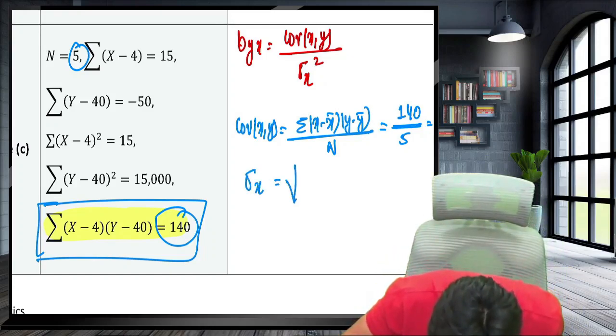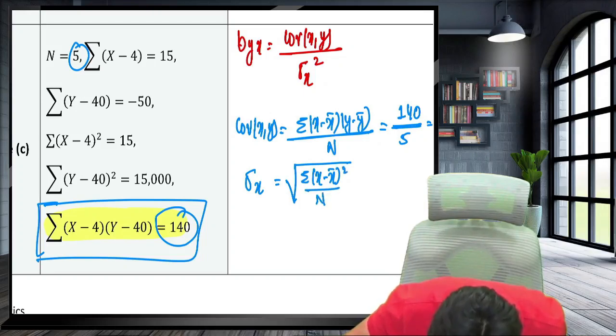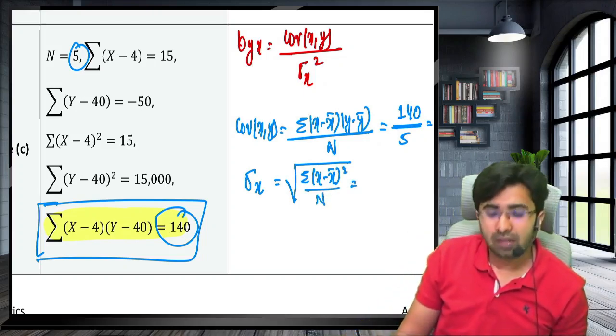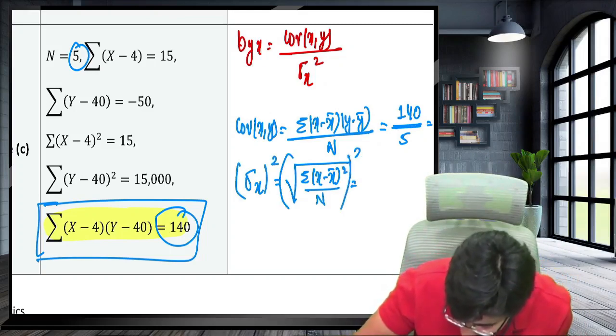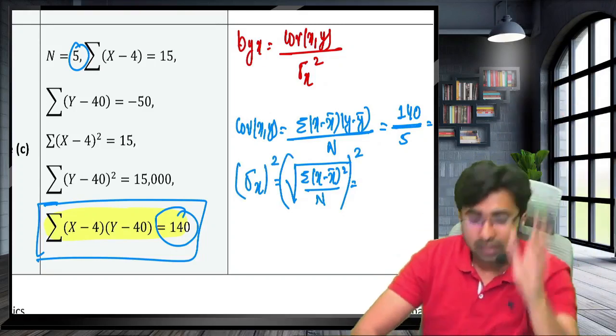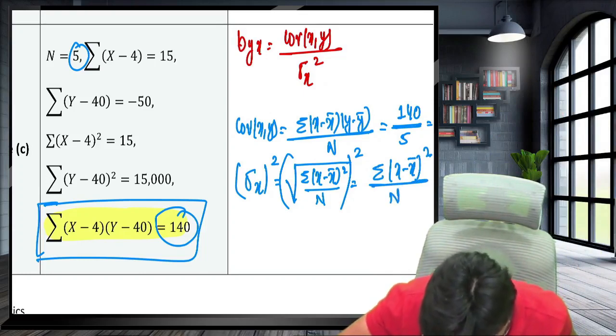Yes sir, it is the under root of summation of x minus x bar whole square divided by n, the number of observations. I need the square of it, so when I take the square, the under root vanishes. It will be just summation of x minus x bar whole square divided by n.